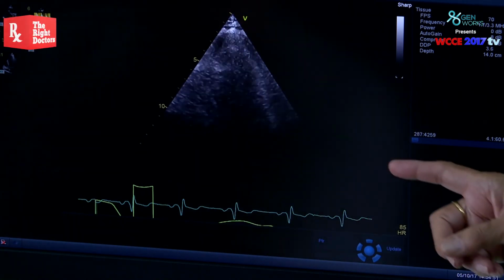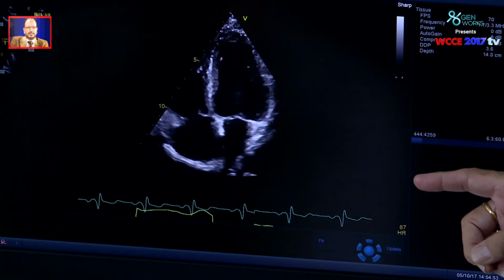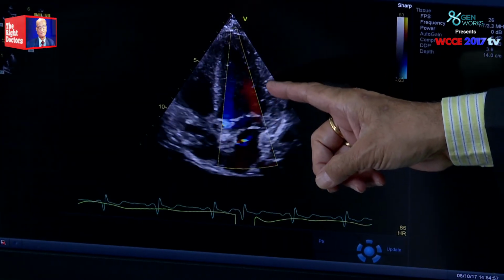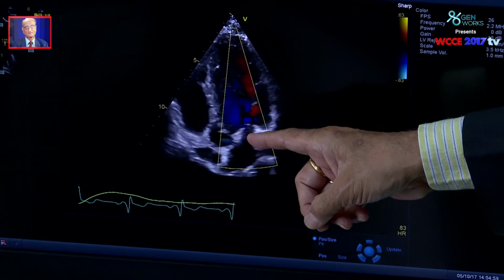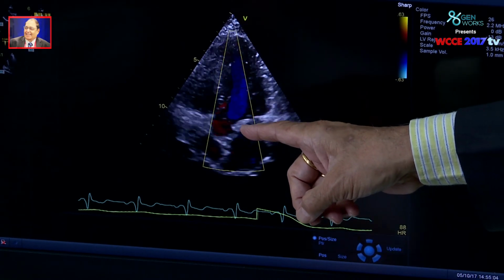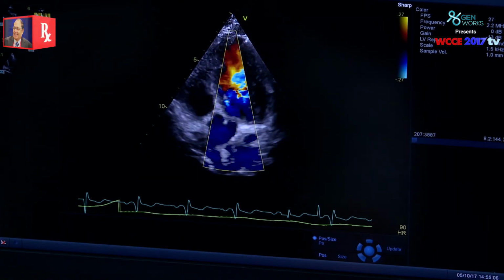This is how you see, and because it is based on a pulse Doppler, you can again see some sort of aliasing. That means the outer color is blue, but the inner color is red, because it is again based on the principle of a pulse Doppler.